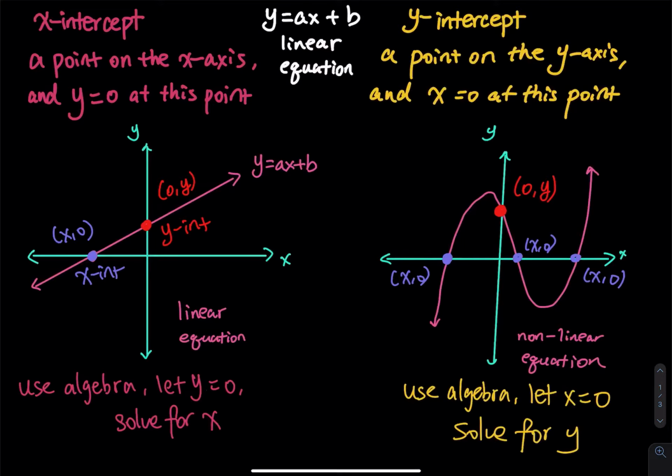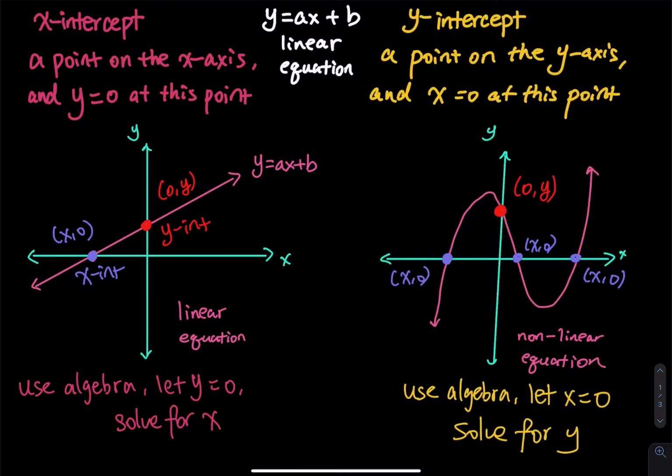The purple point on the x-axis is called the x-intercept of this linear equation, and at that point x is equal to a number, not 0, and y is equal to 0. And then the red point, the y-intercept: at that point x is equal to 0, y is equal to some value. Again, x-intercept is a point touching the x-axis, y-intercept is a point touching the y-axis.